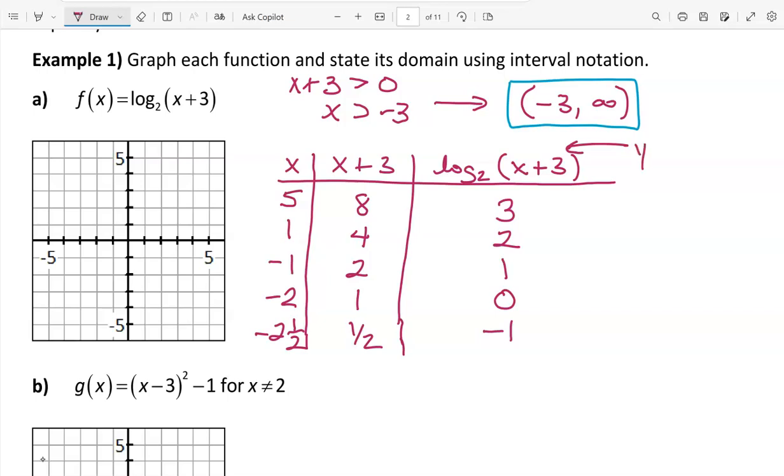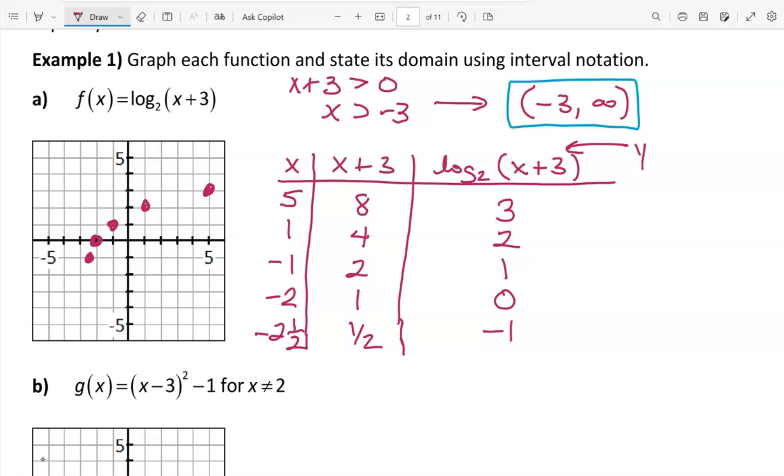So 5, 3, and 1, 2, negative 1, 1, negative 2, 0, and negative 2.5, negative 1.